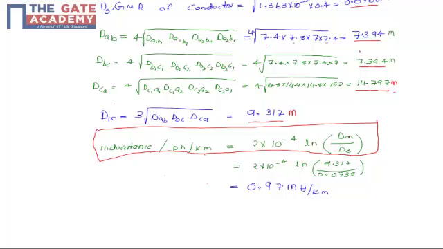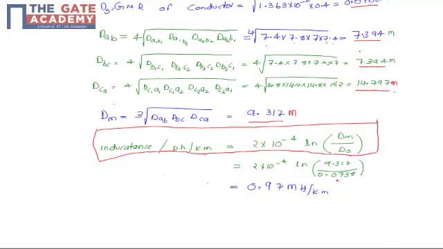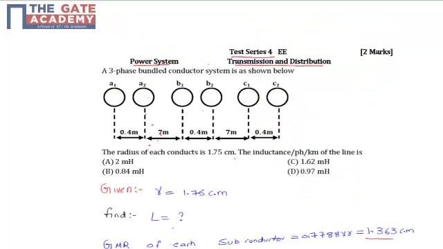We know all the values, so substitute them in this formula: 2 into 10 power minus 4 ln of Dm, that is 9.317, by Ds, the geometric mean radius we calculated, that is 0.0738. After solving, we get the value of inductance per phase per kilometer as 0.97 millihenry per kilometer.